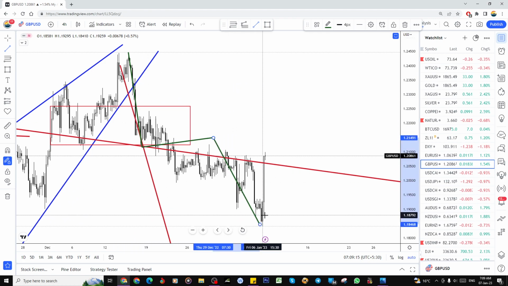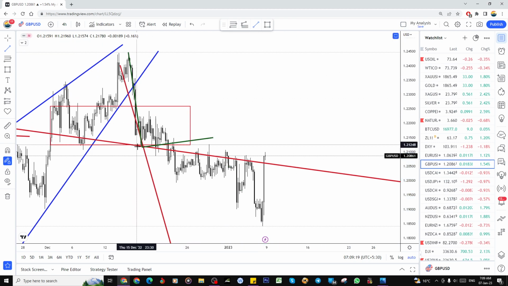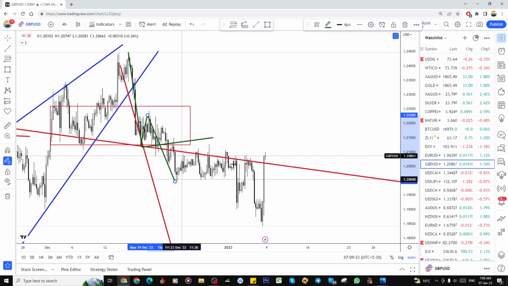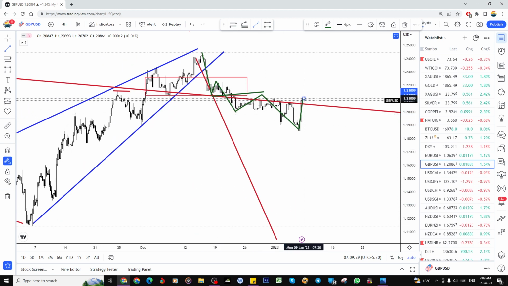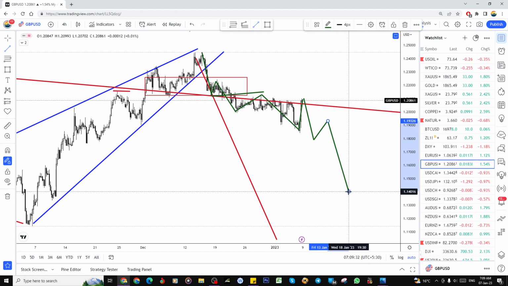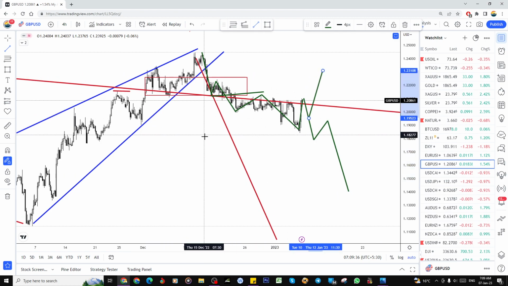This is the one I'm expecting. And one more, it looks like this is the one impulsive, this is the one that has already completed, and this is somewhat looking like irregular flat, and one more down is also possible, or from here again one more wave structure.